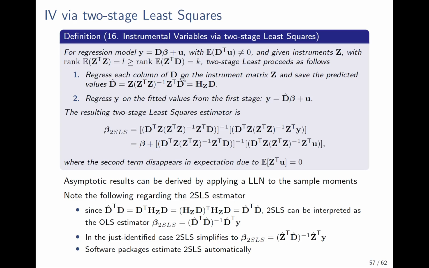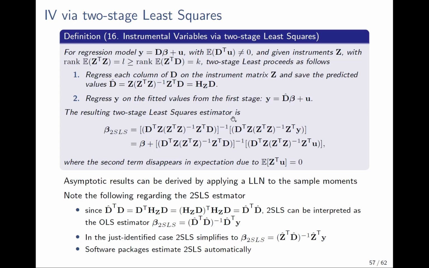First, we regress each column of the design matrix on the instrument matrix, and we save the predicted values. So this is the predicted value here. That, of course, is the hat matrix that we've talked about previously in the course. The hat matrix that we recover from regressing D on Z. And then we regress Y on the fitted values from the first stage to get our IV estimates of beta.